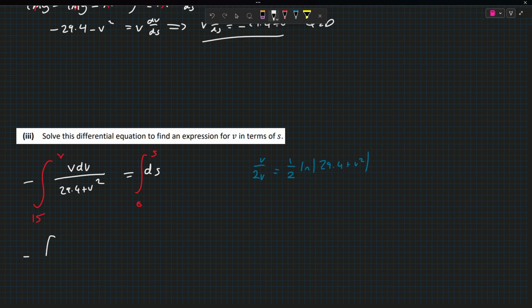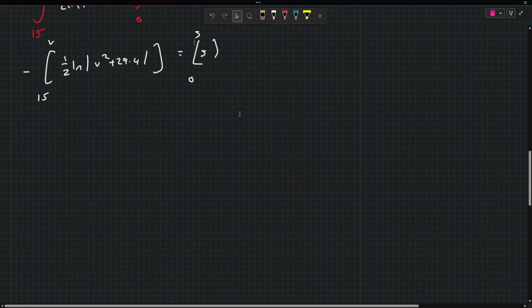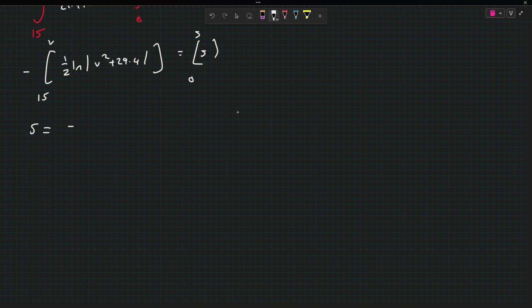So this is minus, bounded between 15 and v, of 1/2 log of v squared plus 29.4, equals s between 0 and s. Writing it the other way around, s is minus 1/2 log of v squared plus 29.4 minus 1/2 log of 15 squared plus 29.4, which is 254.4.